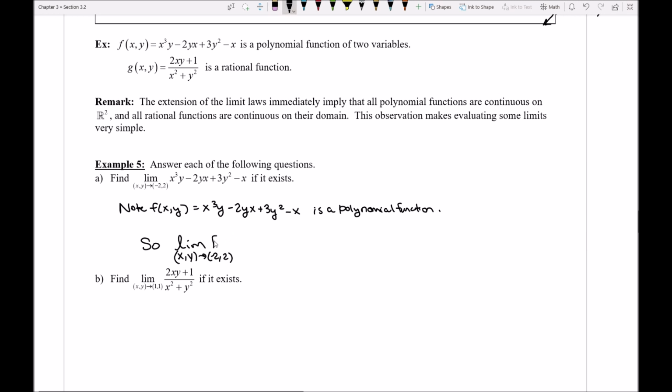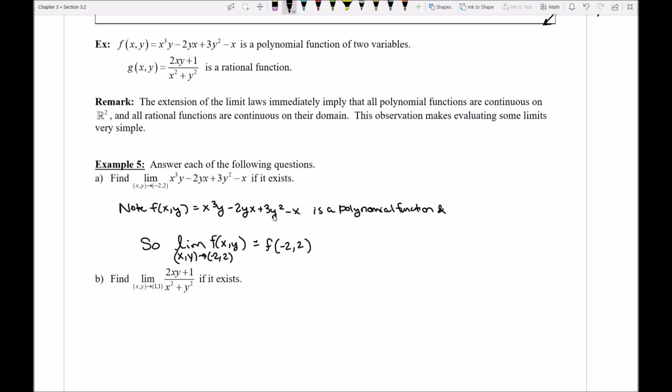Let me write it like this. I'll put in my f of x comma y. That should be exactly the same as, not even as doing a limit, but that should be the same as just doing f of negative 2, 2, right? Because the polynomial function is continuous.